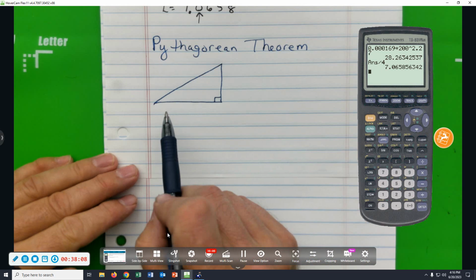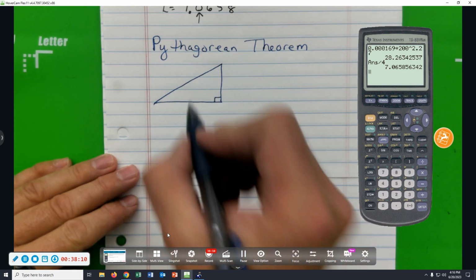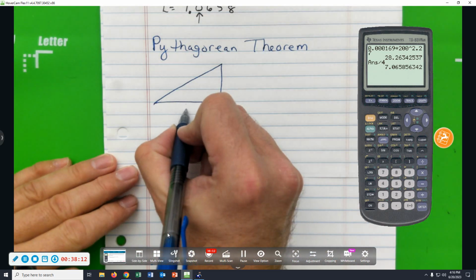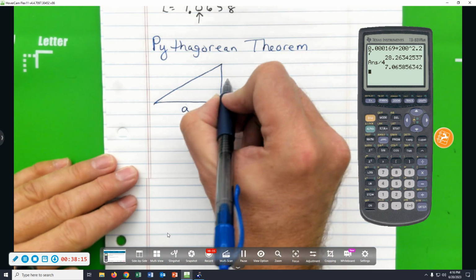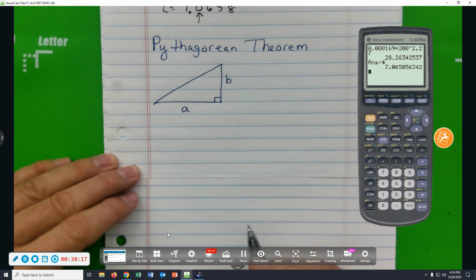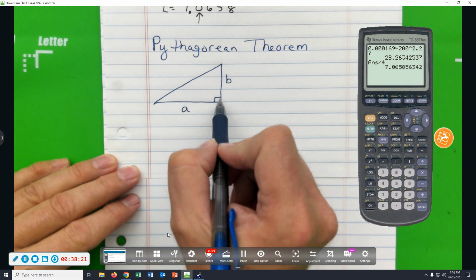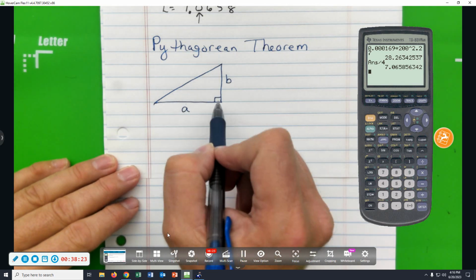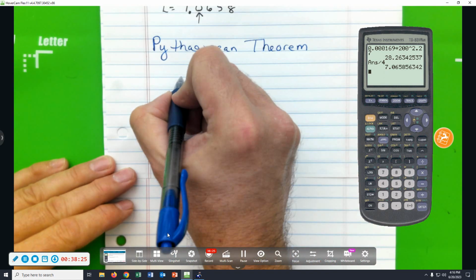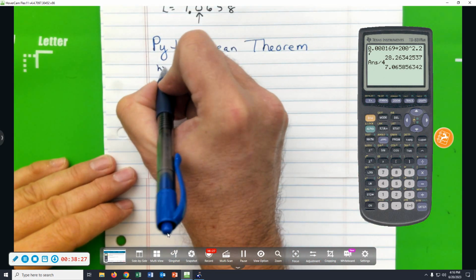When you're working with a right triangle, the two sides that form the 90-degree angle are called legs, and the side opposite the 90-degree angle, the longest side, that's called the hypotenuse.